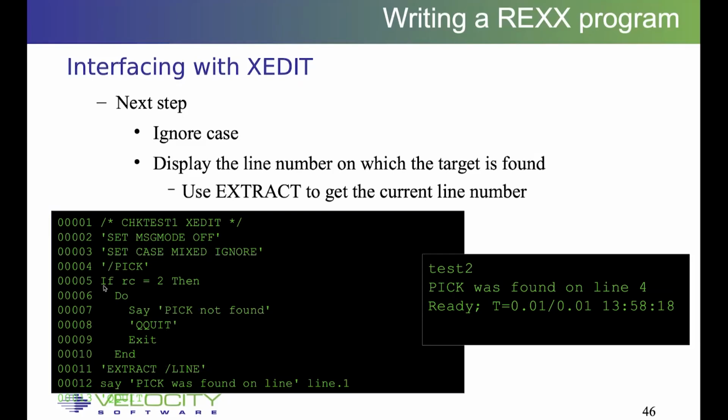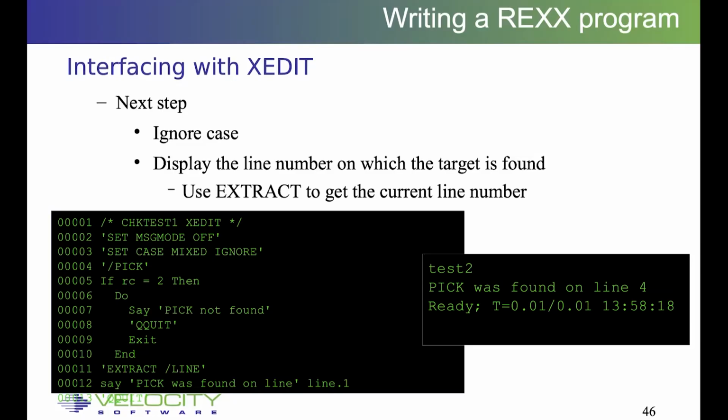But if the return code is not 2, we drop to line 11 and we extract slash line. This is one of the many extract options that we have in REXX, and line slash line allows us to get the current line in the editor.